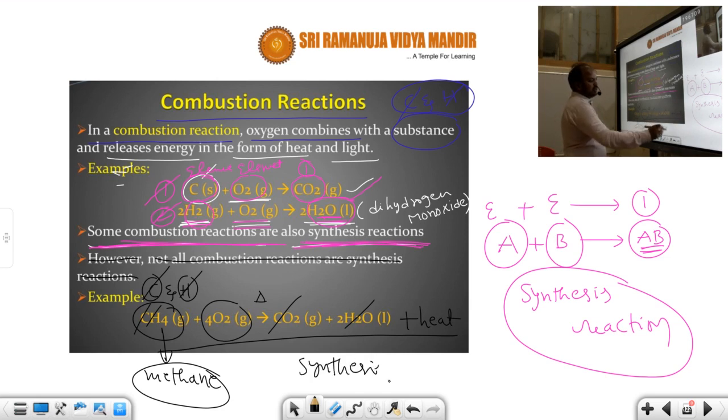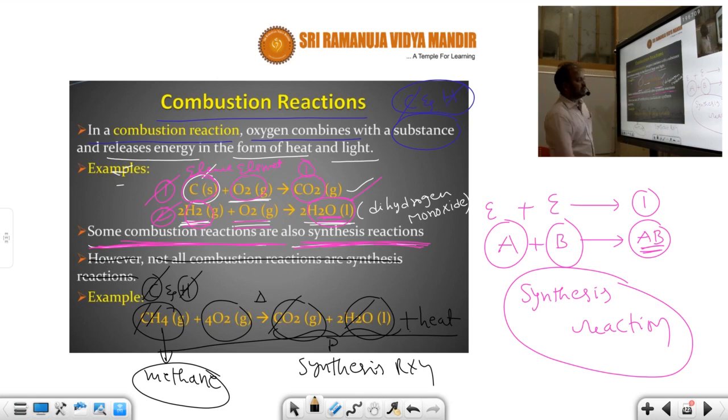How can you understand synthesis reaction? Only one new substance is formed in the product side, the right hand side. That is called synthesis. But here there are two new substances: carbon dioxide is one new substance, H2O is another. Whenever more than one new substance is formed, that is not a synthesis reaction. In a synthesis reaction, only one new substance is formed in the product side.